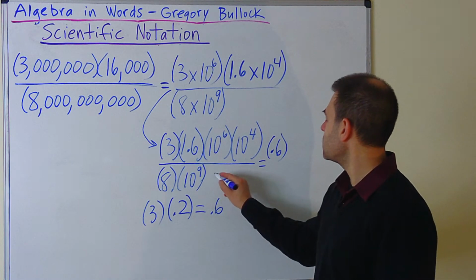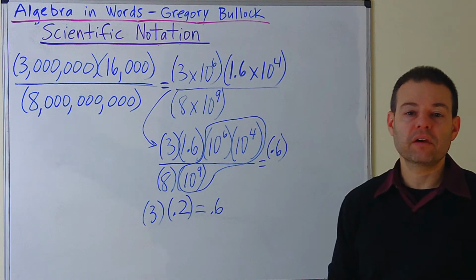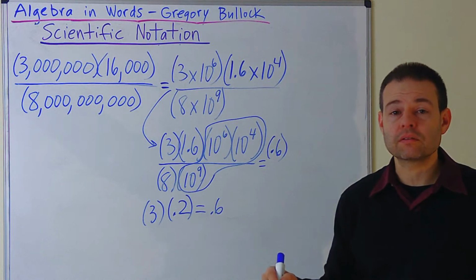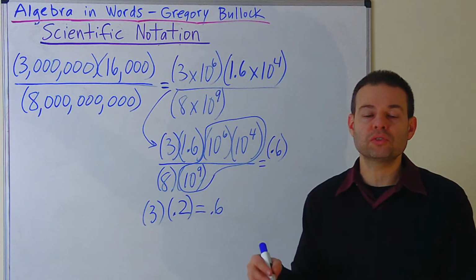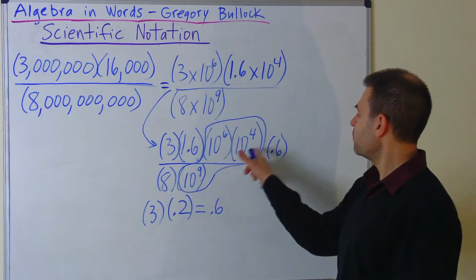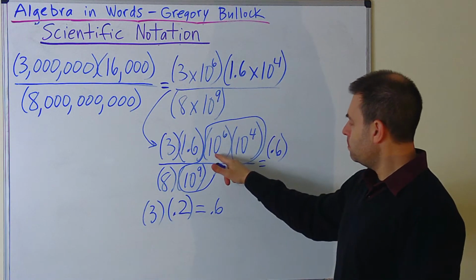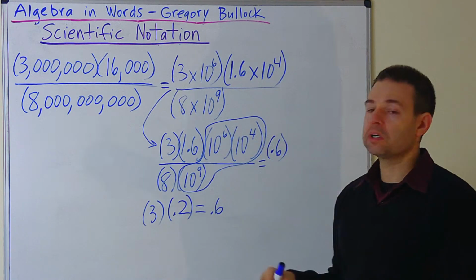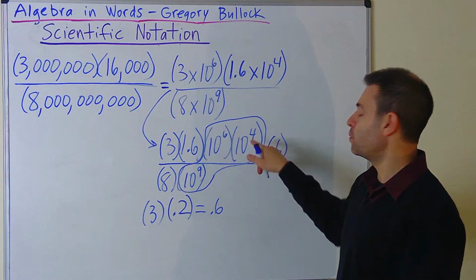Now let's focus on just the base 10 numbers. They're all base 10. They're like bases. That means that we can apply the product rule and the quotient rule of exponents because they have like bases. So first, let's do the product rule in the top. Base 10 to the 6 times base 10 to the 4 means we just add the exponents. 6 plus 4 makes 10.